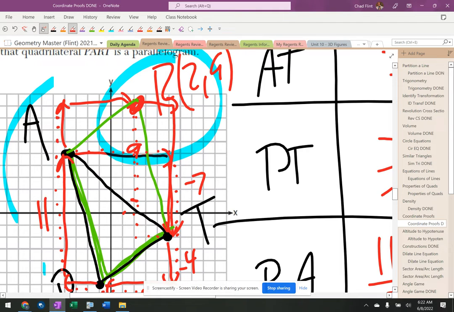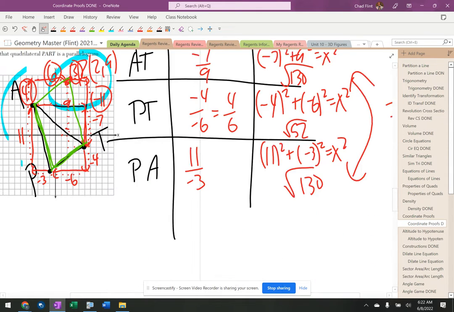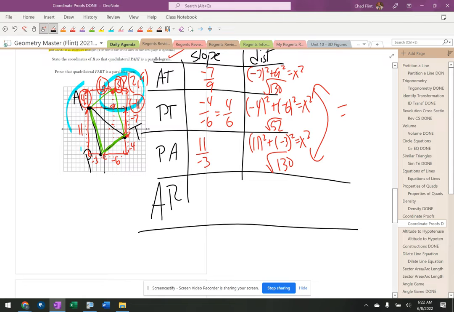All right, 1, 2, 3, 4, 1, 2, 3, 4, 5, 6, 1, 2, 3, 1, 2, 3, 4, 5, 6, 7, 8, 9, 10, 11. I'm going to circle the ones for those two sides. So I'm starting to get a little bit of a disaster looking thing, a little bit of what my work always looks like. So then I have AR and I have RT.